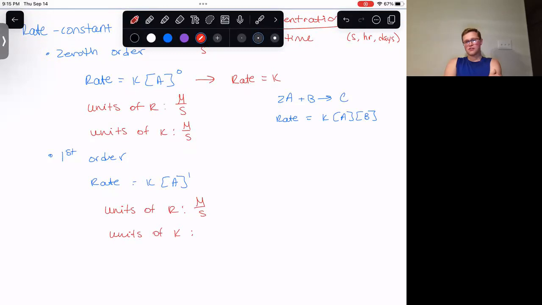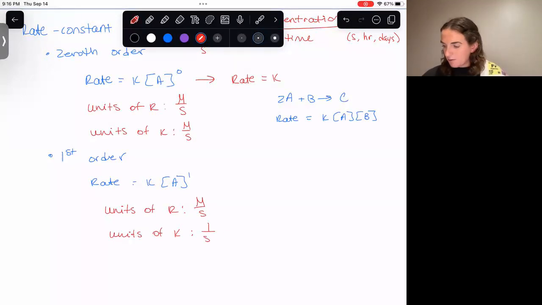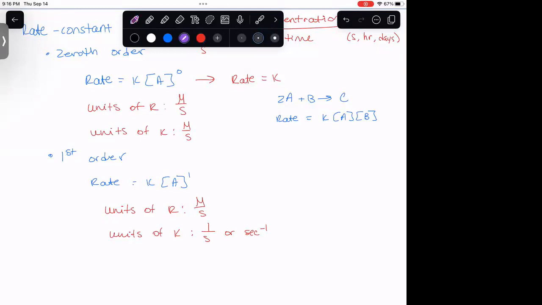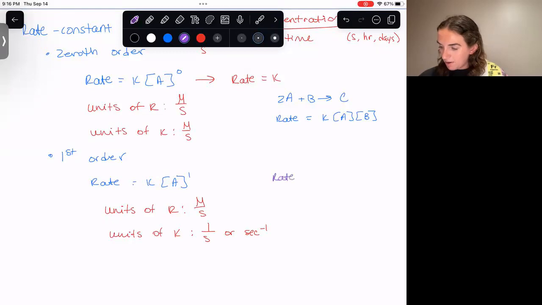Because we have our concentration in there, that gives us our M. So k is just 1 over seconds, seconds to the -1 power. You can say 1 over seconds or seconds to the -1, whatever is easier for mathing for you. Your rate here is going to be k times A. So whenever you plug in a question, your rate would be determined by k times, let's say 0.5 molar.